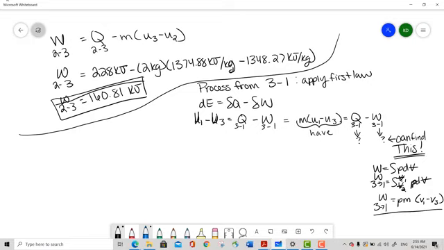And now we can solve for it. So let's do work 3 to 1 equals P m times V1 minus V3. And then when you plug all of that in, you're going to end up with negative 124.97 kilojoules.